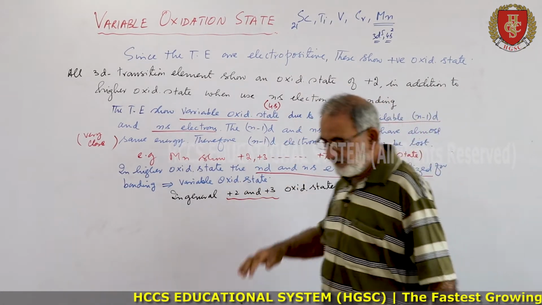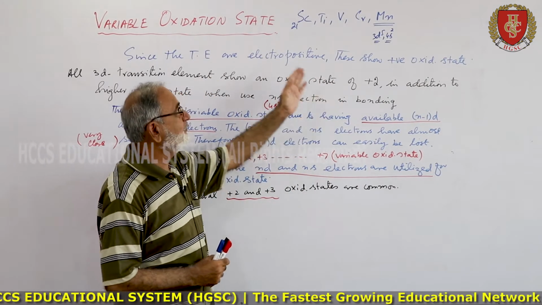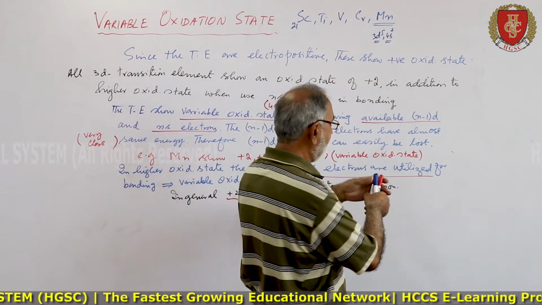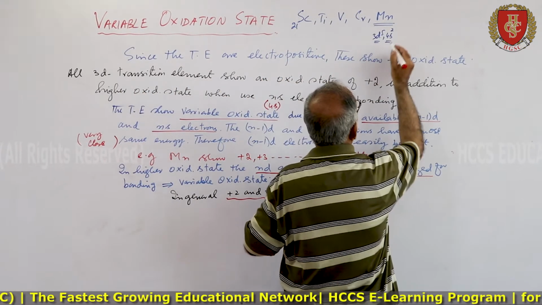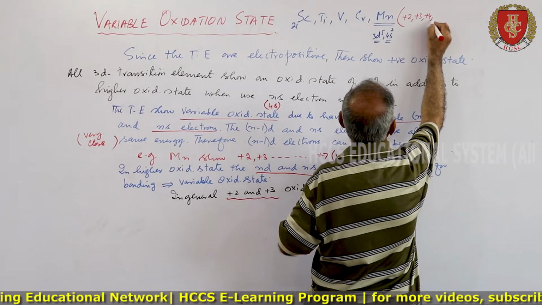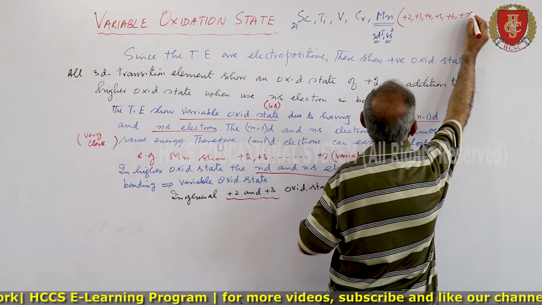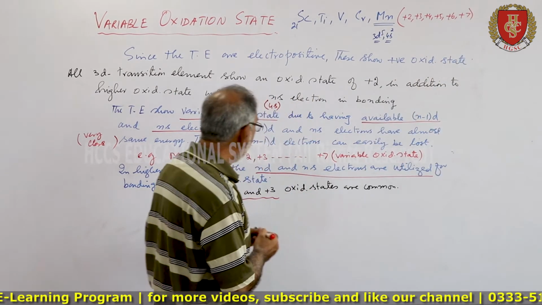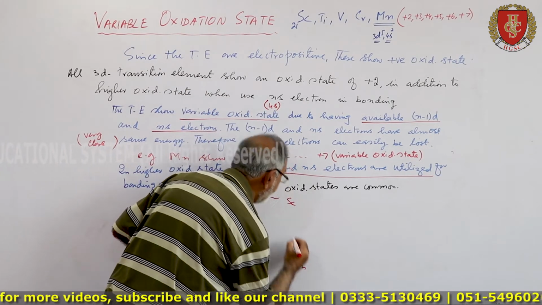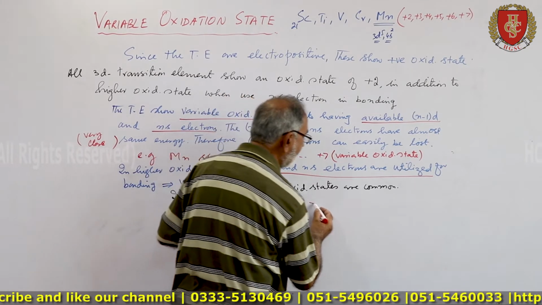commonly scandium has +2, +3, then +3, +4, then +4, +5, +6, and here the oxidation states shown are +2, +3, +4, +5, +6, +7. So if you go from scandium to zinc, that is 21 to 30, you can have this sort of graph.